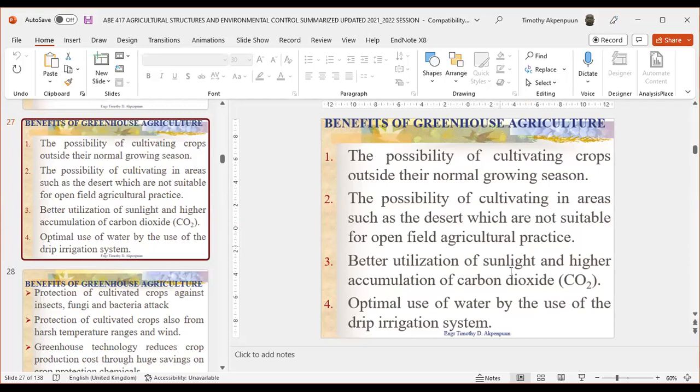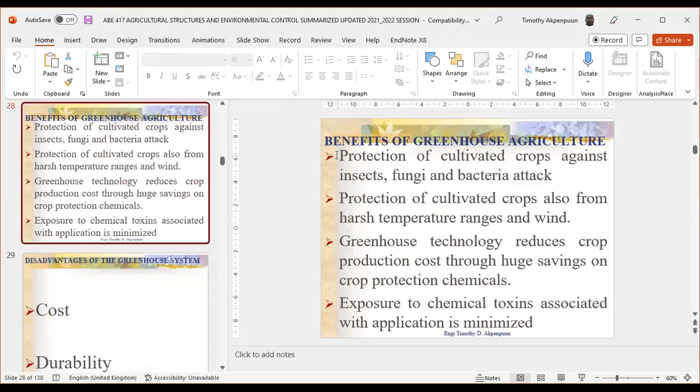Point number 4, optimization of water use. Optimal use of water by the use of drip irrigation. That's straightforward.